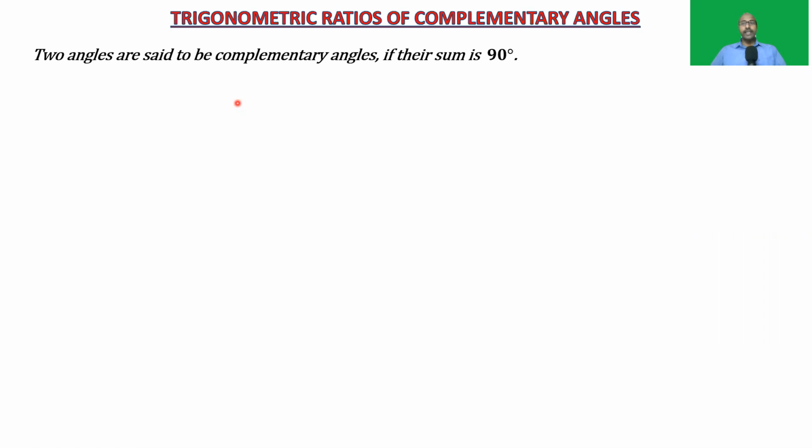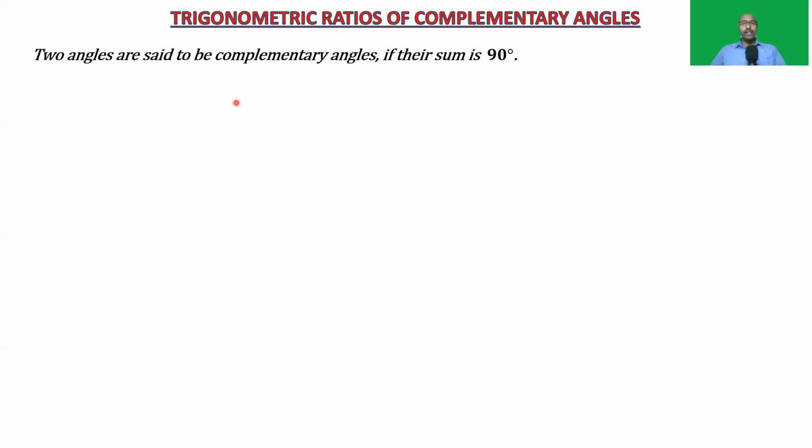Also 10 degrees and 80 degrees. The complementary angle of 20 degrees is 70 degrees, and the complementary angle of 70 degrees is 20 degrees. And the complementary angle of 45 degrees is itself.